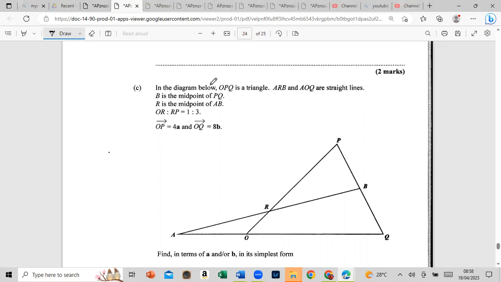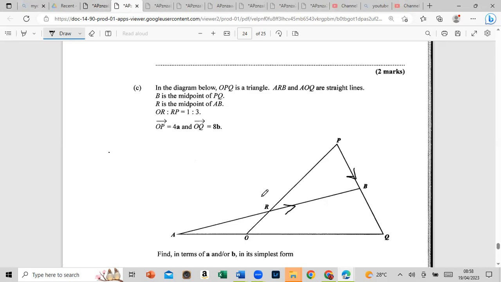It's step by step. In the diagram, B is the midpoint of PQ. So already we know that it's going in this direction because it's said from P to Q. So the arrow should be in this direction. R is the midpoint of AB, so it's from A to B, so the arrow is going in this direction.